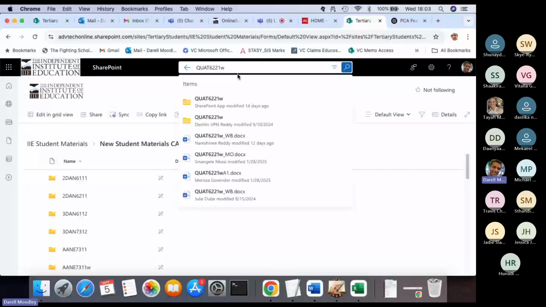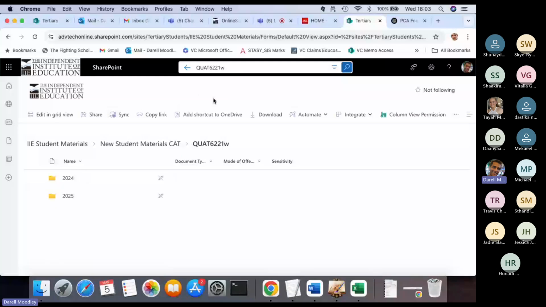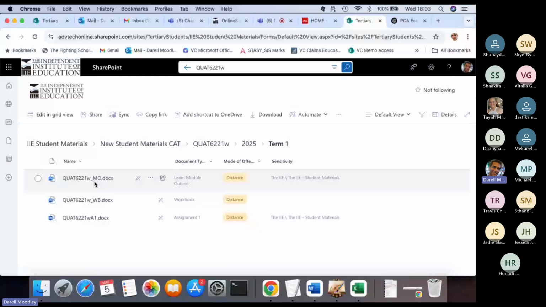Click 2025, and then you're in term 1 here, and you'll see your resources. Your module outline is there, which I encourage you to download. I encourage you to download all of these. Your workbook has very nice exercises to work through, and I may direct you to some of those exercises for revision. And then your assignment is there, the A1, assignment 1.